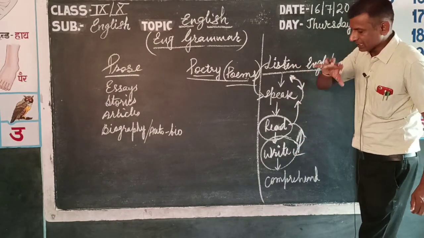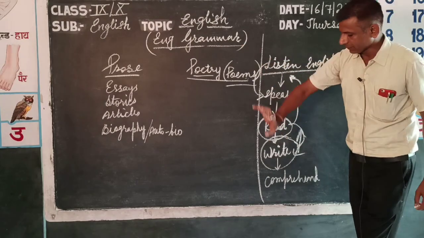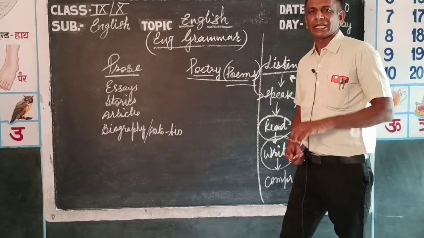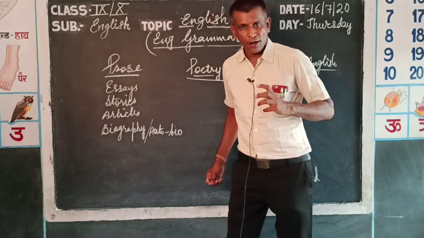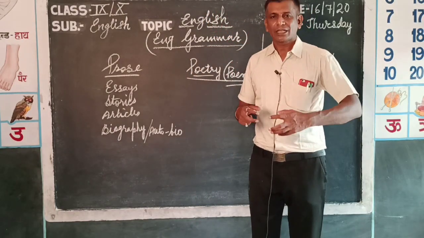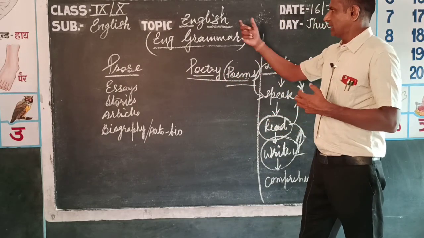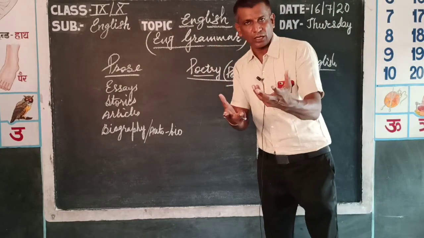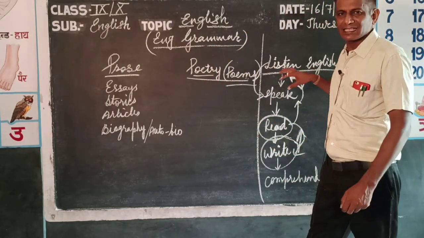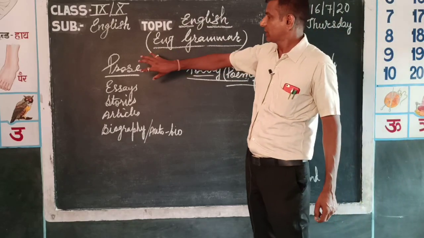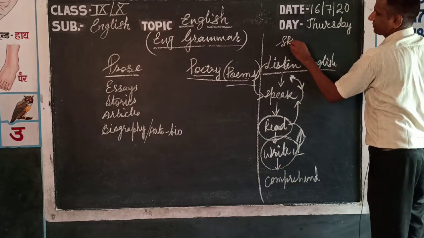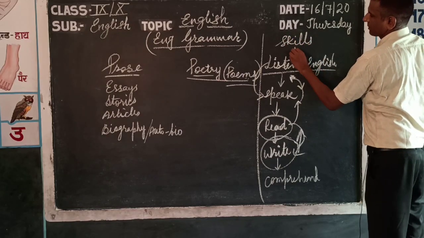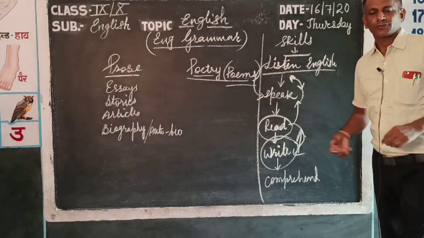And if you have done all these four things, you will do comprehension very well. So I hope you have understood what I have talked about in this video lesson about prose, poetry, and the skills of English.